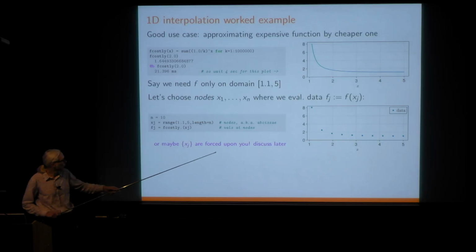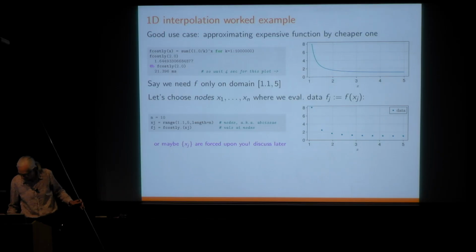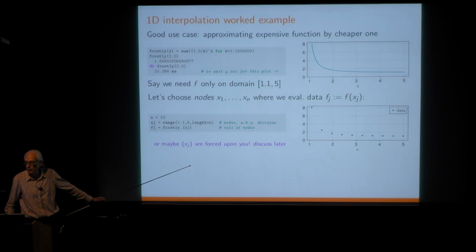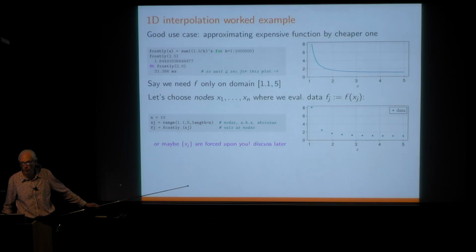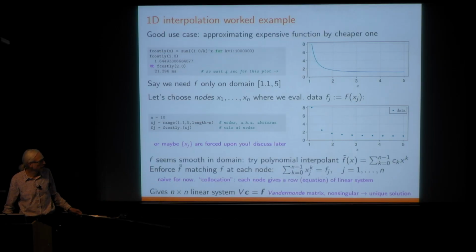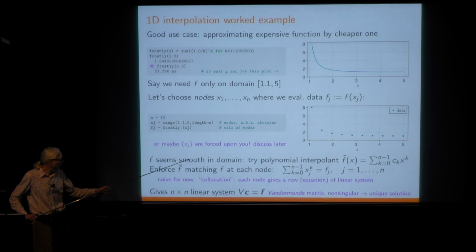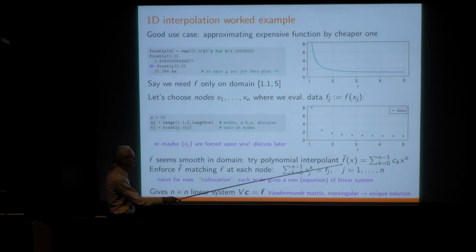At the moment, we have the ability to choose the nodes, because we're building the surrogate. But later, you may have nodes forced upon you, and the rest of the talk will be of interest then. So f seems smooth, so let's try a polynomial interpolant.